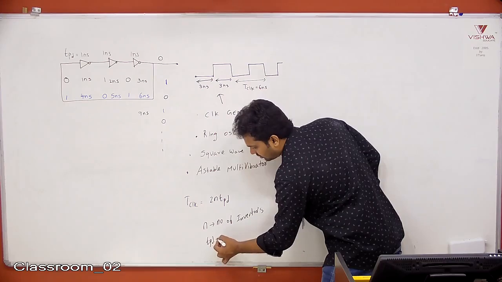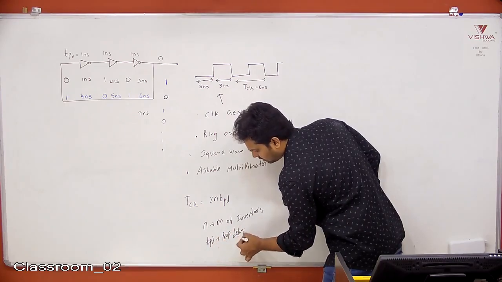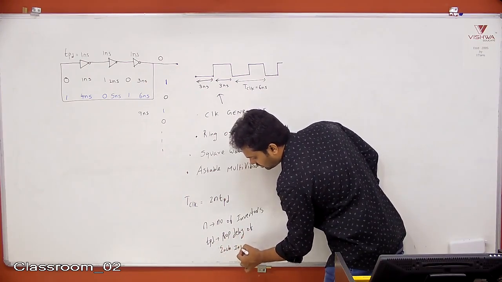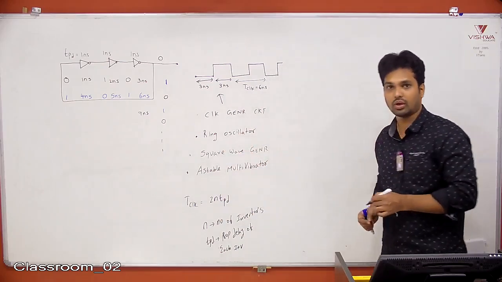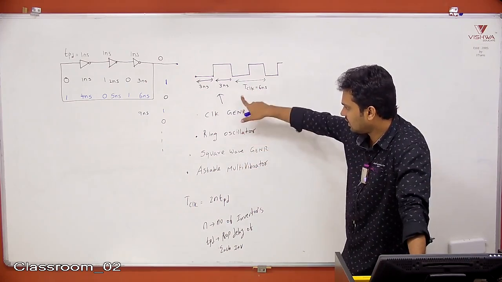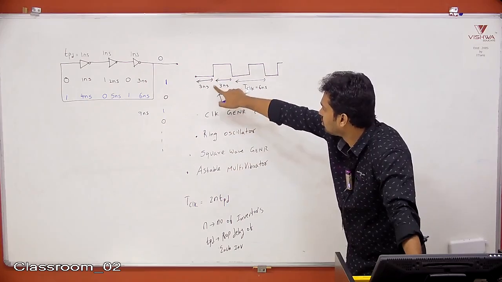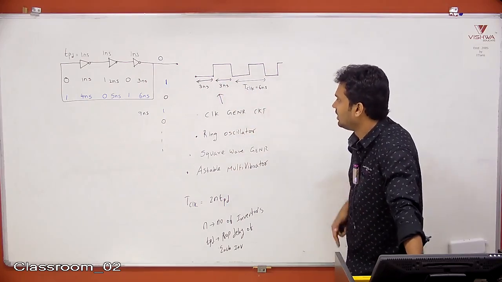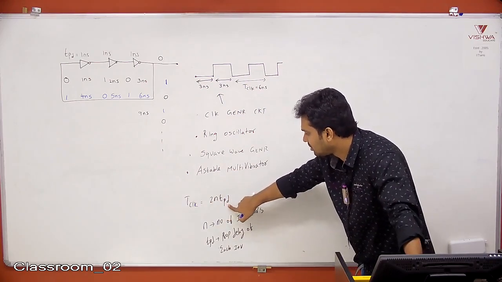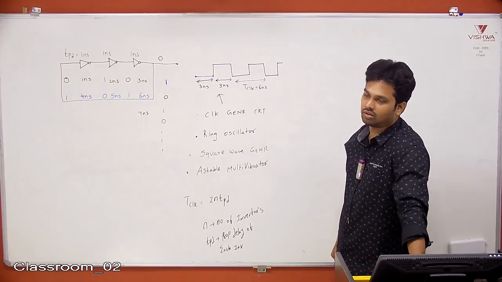TPD is the propagation delay of each inverter. These are the names for this circuit. The time period generated is 2 into 3 inverters into the propagation delay of each inverter, that is 6 nanoseconds.